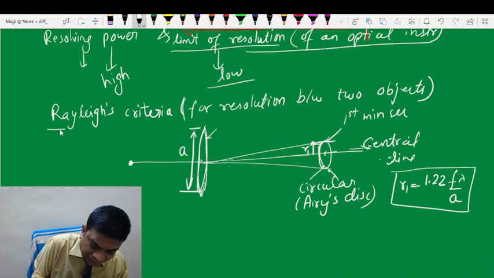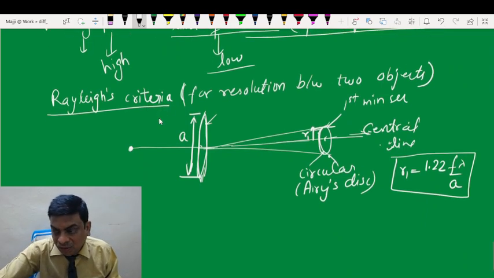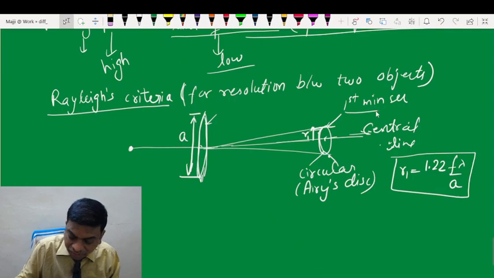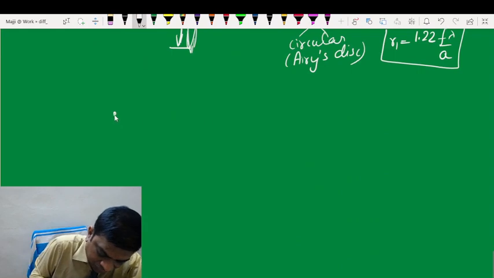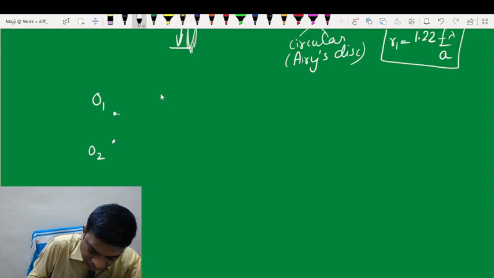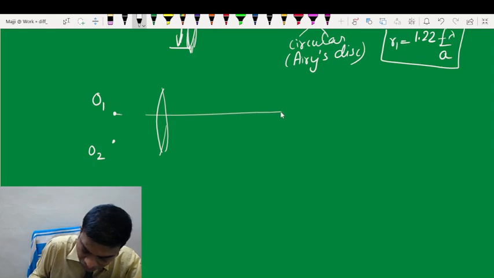Now Rayleigh's criterion for two objects to be just resolved is that the central maxima, or the principal maxima, of one should be formed at least at the first secondary minima of the second object. So you have one object here, let us say O1 is one object and O2 is the other object, when seen through the instrument, let us say a telescope.